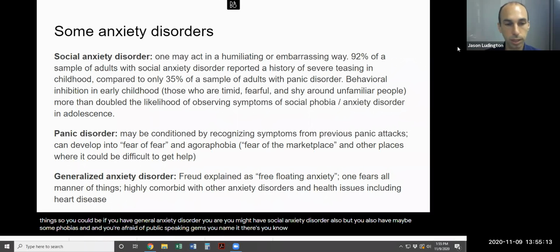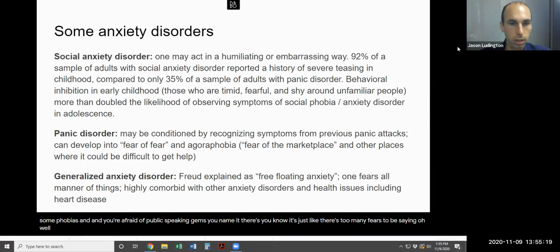There are too many fears to be saying, oh, so and so has 250 phobias. No, when you have that many, you have something else. You have something called general anxiety disorder, which is that you're going to be anxious about things in general.